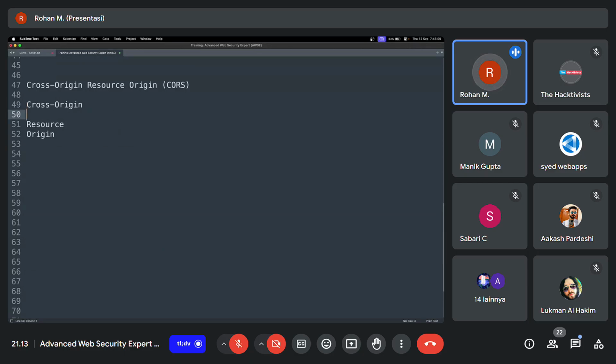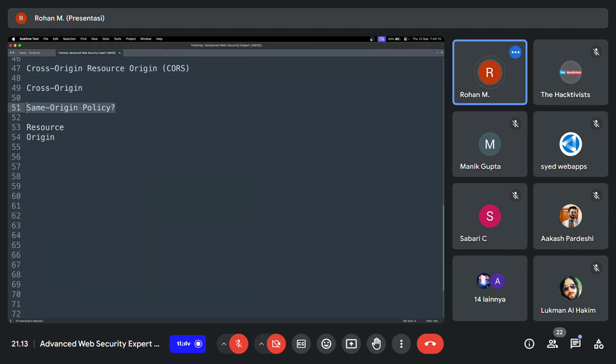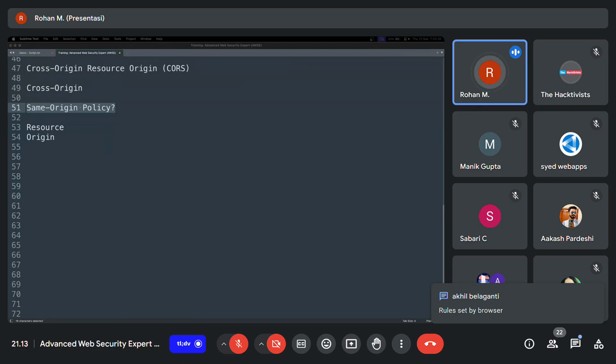Before I go ahead and discuss cross-origin, can any one of you tell me what is same origin policy? Anyone? One of the participants has mentioned rules set by the browser.